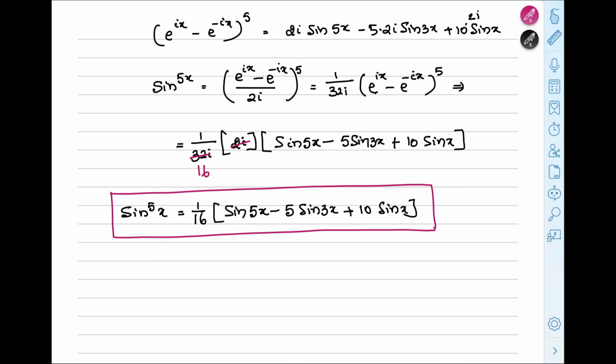What is the integrand? What we have to find out is the integral 0 to infinity sin to the power of 5 x by x to the power of 5 dx.